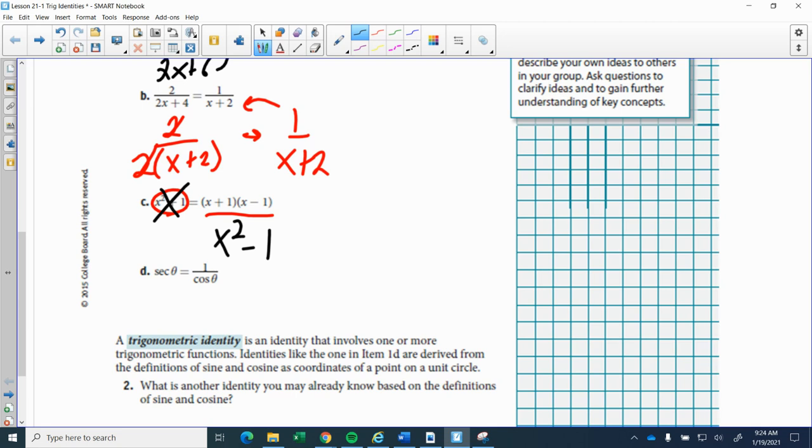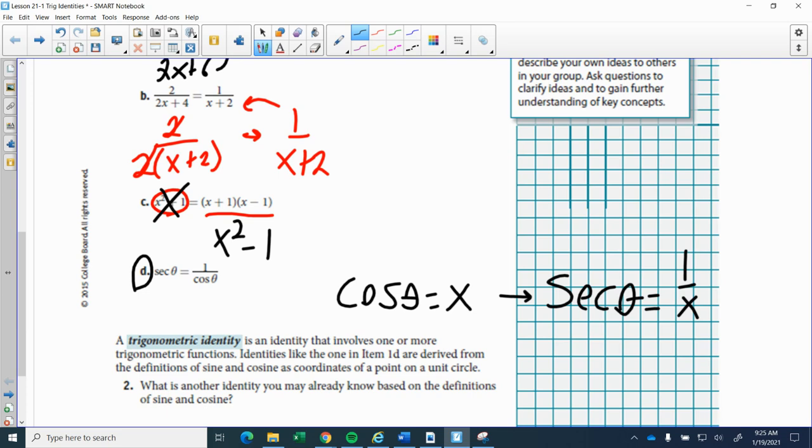Eventually, this leads us down to letter D, which is going to be one of the key things that we discuss: secant and cosine. We talked about how cosine of theta is equal to our x coordinates on our unit circle, versus secant of theta, which is equal to 1 over x, the reciprocal of that value.